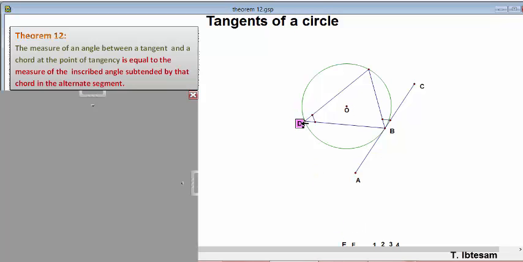This is D, and let's make this one F. Also, to make it easier, using numbers is better than letters in this. So I'll give this angle the name 1. This is the first angle, and this one I will give number 2. So now we want to prove that the measure of angle 1 is the same as the measure of angle 2. This is what we want to prove.